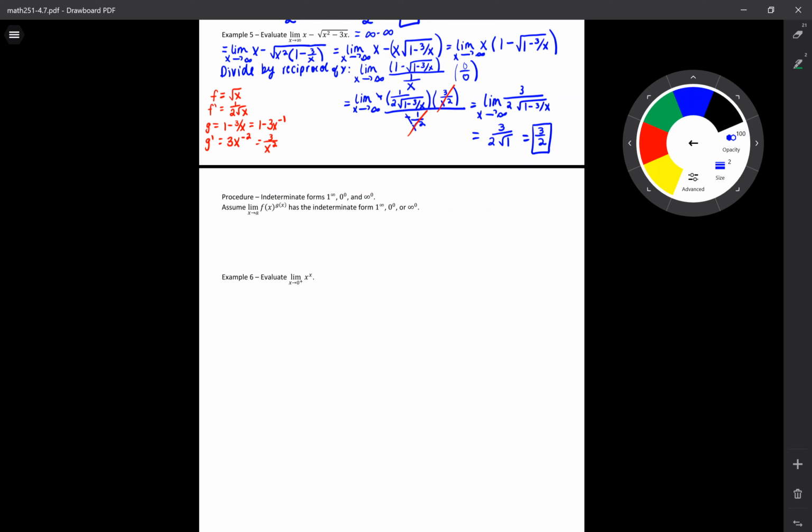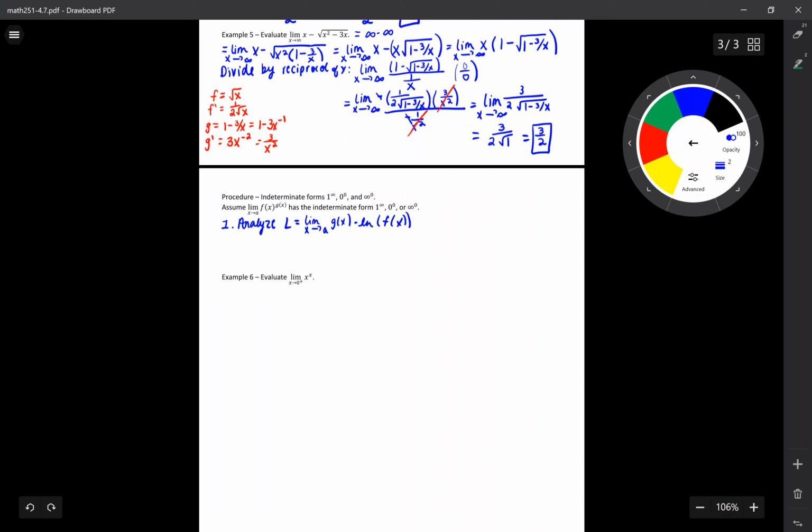I assume that the limit as x goes to a of f of x to the power of g of x has the indeterminate form 1 to the power of infinity, 0 to the power of 0, or infinity to the power of 0. In order to use L'Hopital's rule for this, I first need to analyze L equals the limit as x goes to a of g of x times the natural log of f of x.